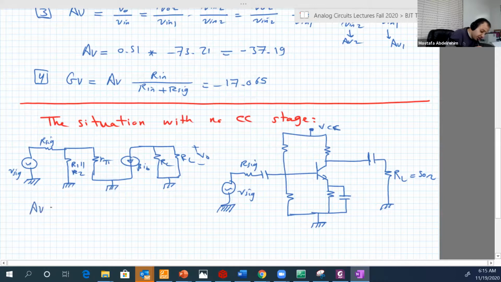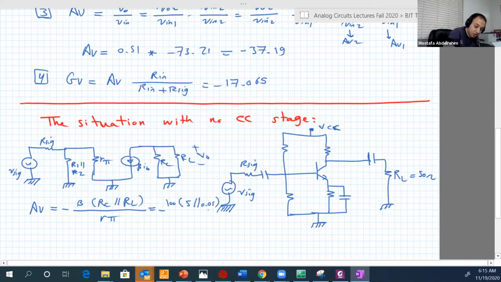If we do the math here, AV will be equal to minus beta RC parallel RL over R pi, equal minus 100, 5 kilo ohms, 5 kilo parallel 0.05 over 489 kilo. 5 parallel 0.05 is approximately 0.05. You can verify it yourself.